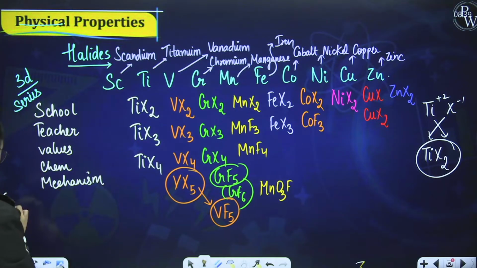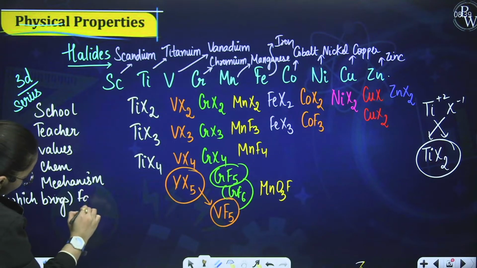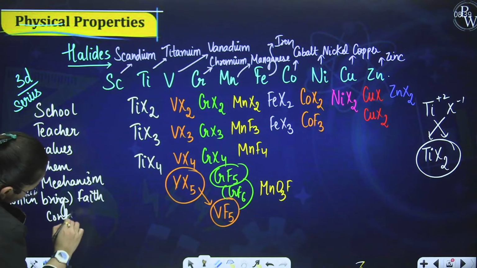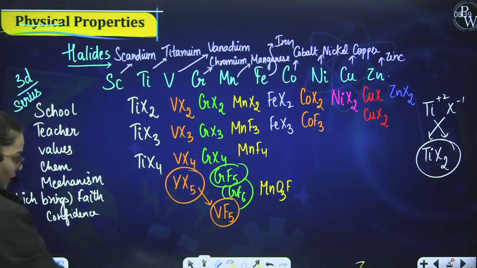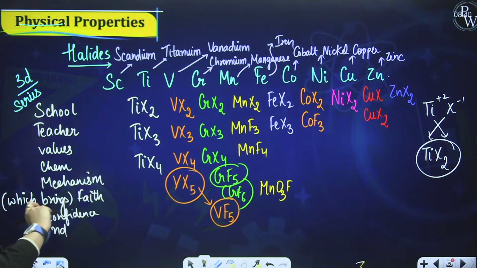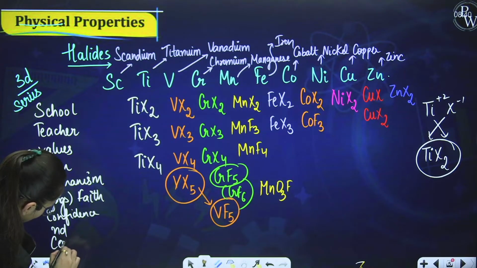Now the extra words I am writing in brackets, which brings faith, confidence, and this is also an extra, faith, confidence, and I'm writing it as ND because it's nickel. Though it is Ni, over here in order to make sense, okay, and comfort zone.